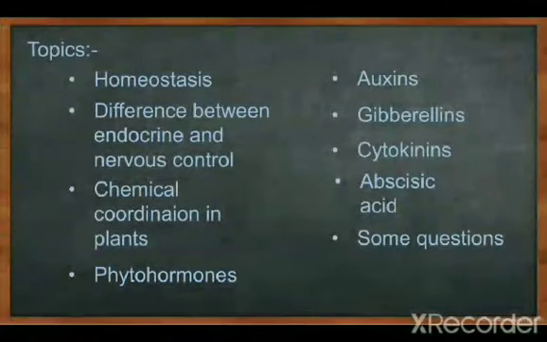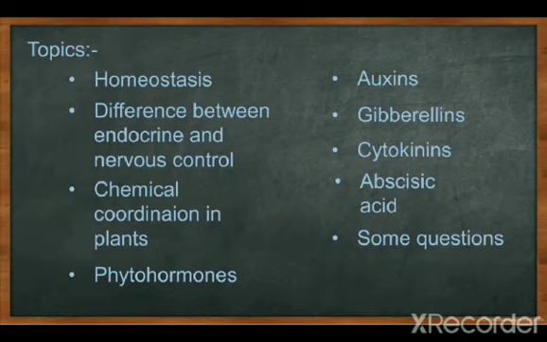The topics that we are going to cover in this chapter are: first, homeostasis; second, the difference between endocrine and nervous control, the most important topic; third, chemical coordination in plants. Plants also coordinate themselves, but they do not have a specific system like our endocrine or nervous system, so how is it controlled?